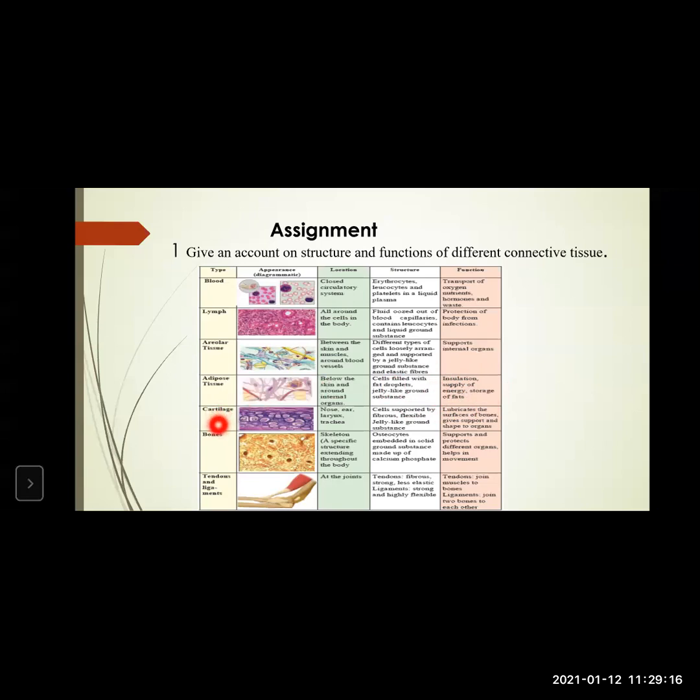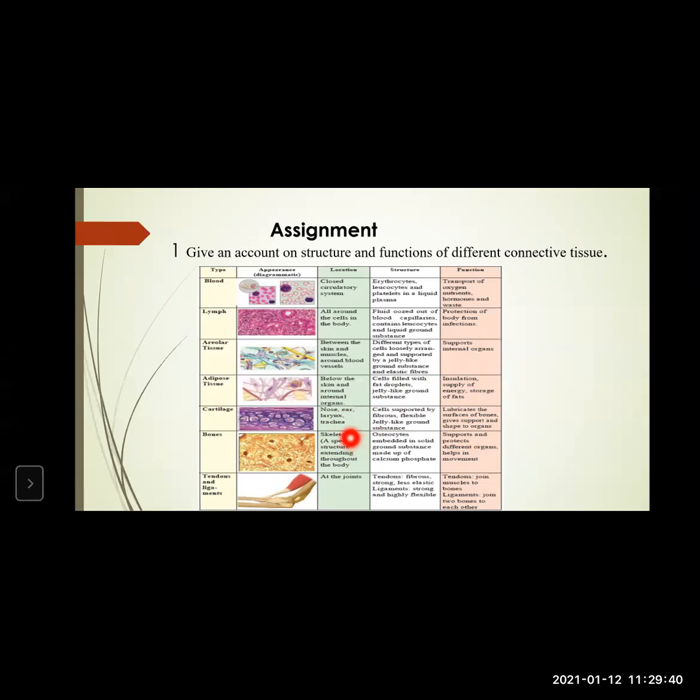Next is cartilage, which is present in the nose, ear, larynx, and trachea. It is made up of flexible fibrous tissue, and its function is providing lubrication at the surfaces of the bone and giving support and shape to the organ. The next is bone.